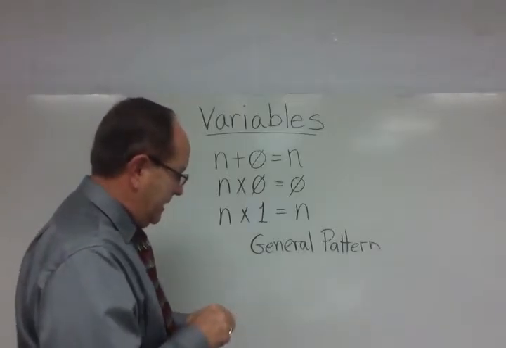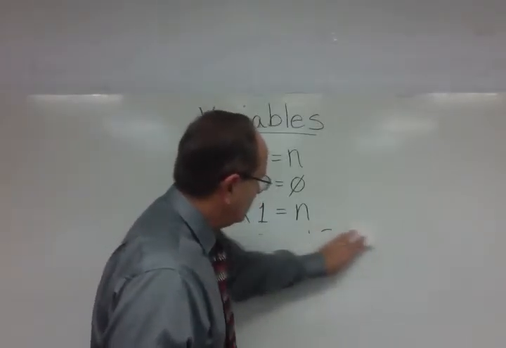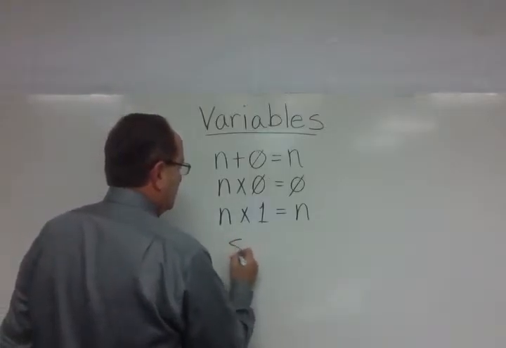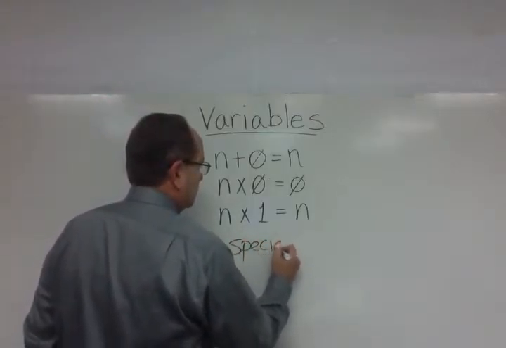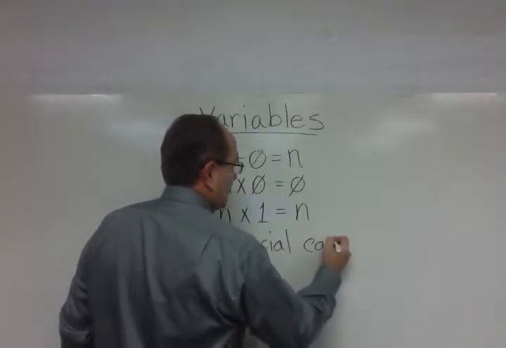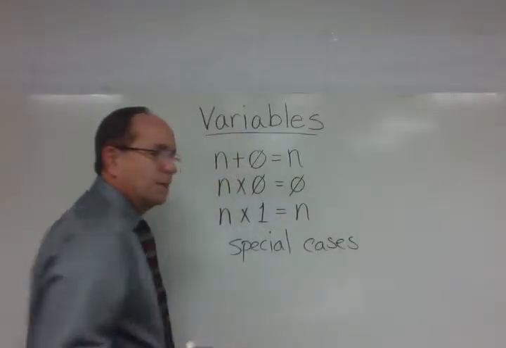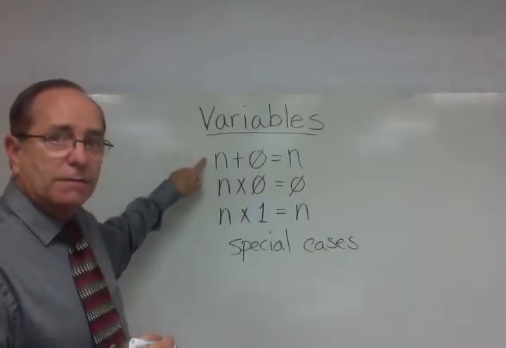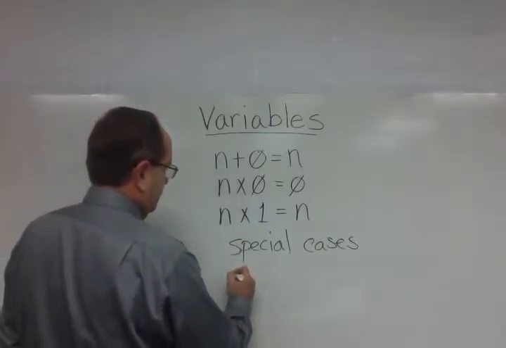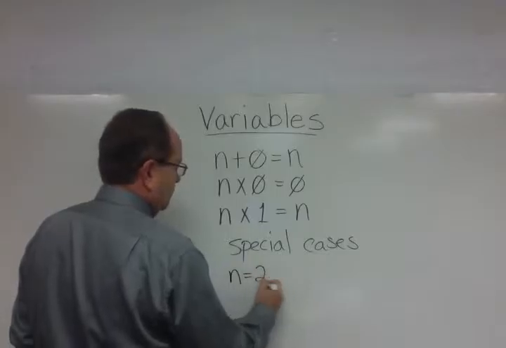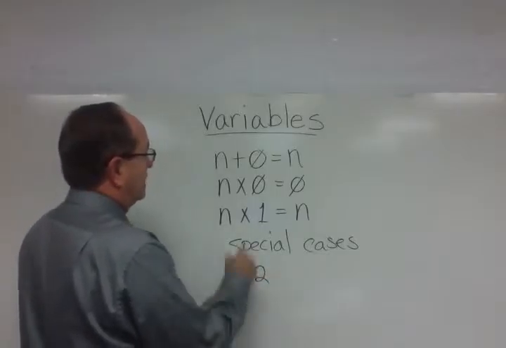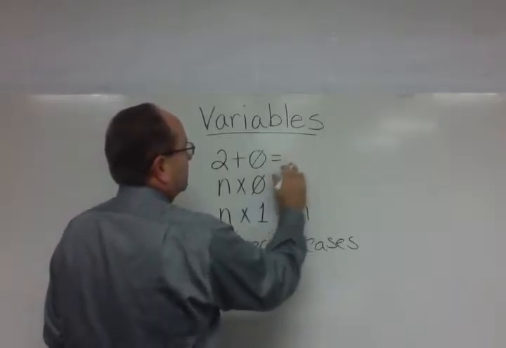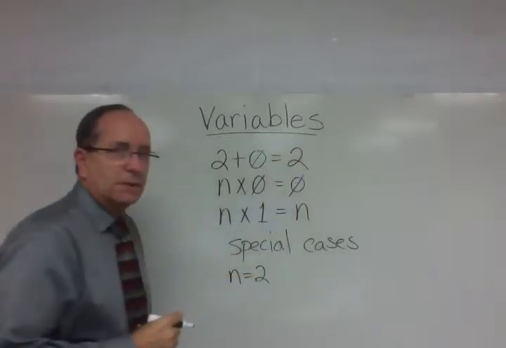Now, once I have put a value in for that n, we call those special cases. Special cases are when I'm going to actually put a value in for n. So let's put the number n equals 2. So we're going to use that here, and if I put a 2 here, what answer do I get? 2.